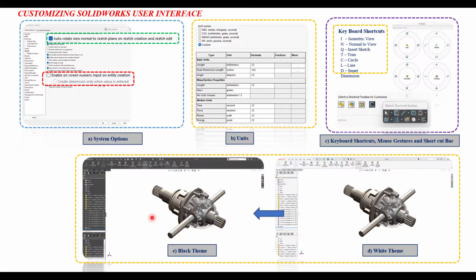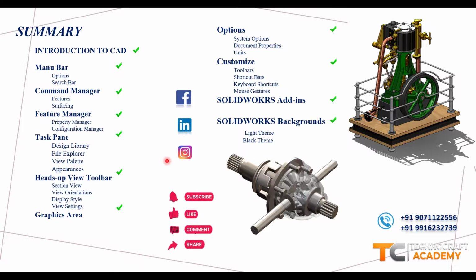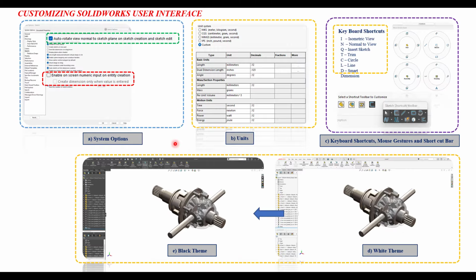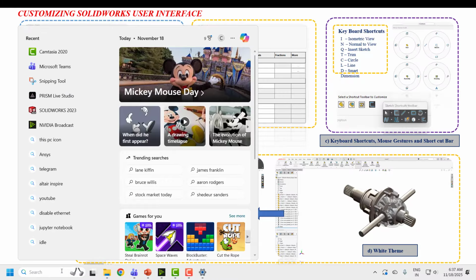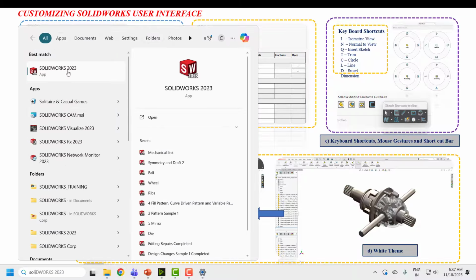Now the next one is we'll go in depth and see how exactly SolidWorks and its interface look. Is that fine? Let's start with this. I'll open SolidWorks. If you're a first time user, you just need to go to Windows and search for SolidWorks, and it shows you.